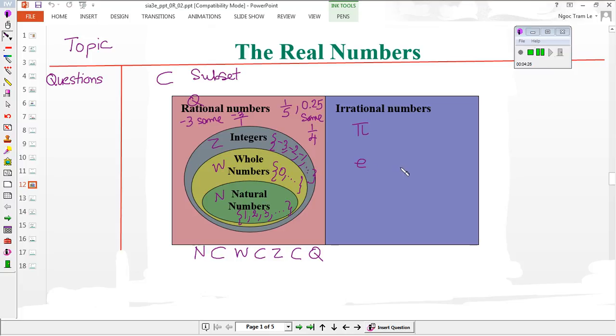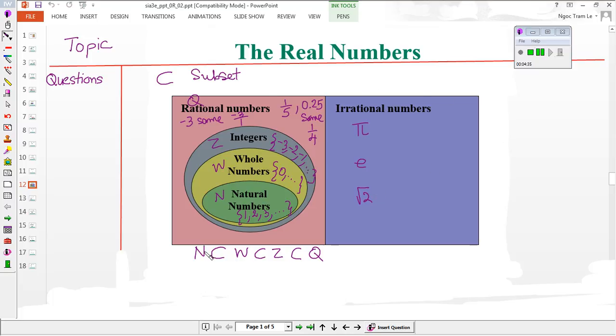We all know e is 2.17 something, and still we do not know the end. Or we can say square root of 2, say 1.14, and then so on. So all of these numbers, the decimals do not repeat.